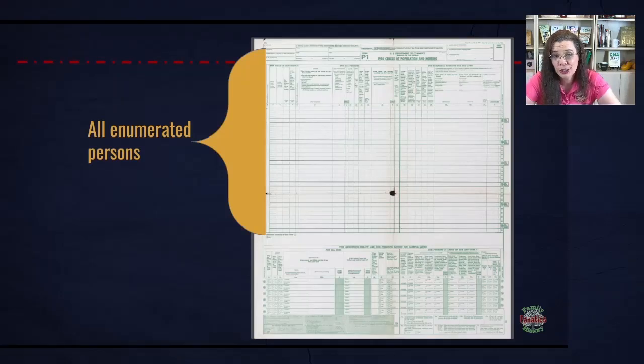Now, the population census form is a little bit different than most of what we're used to. At the top, that I've highlighted with the gold, is where all of the people will be enumerated. And they will be asked all of these questions.